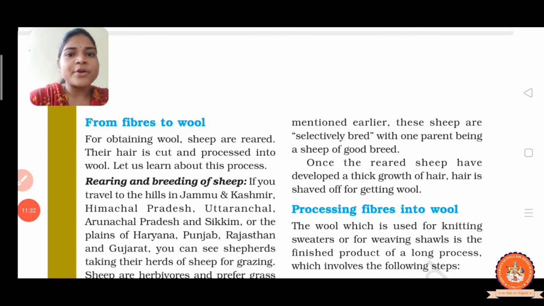Now we will study in which states of India the rearing and breeding of sheep is carried out.